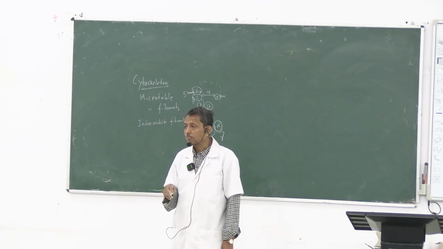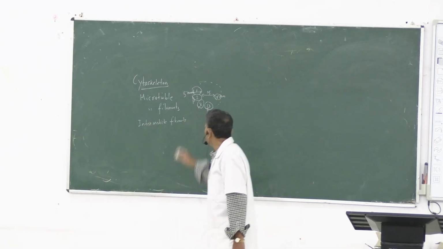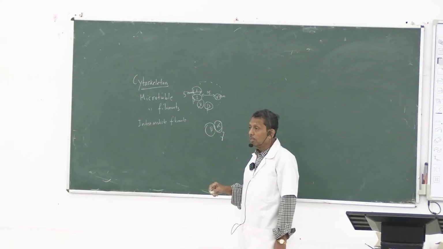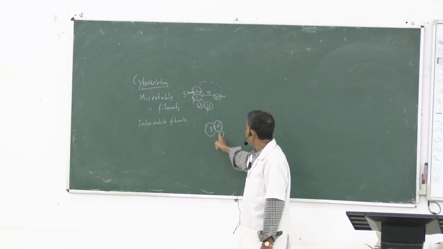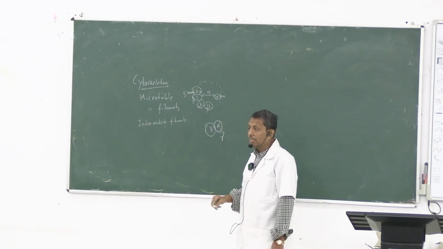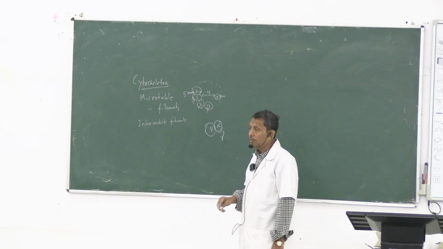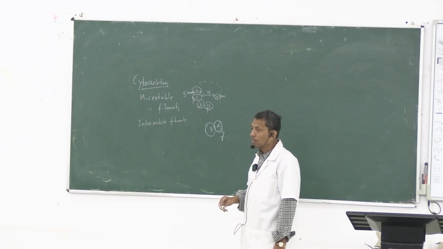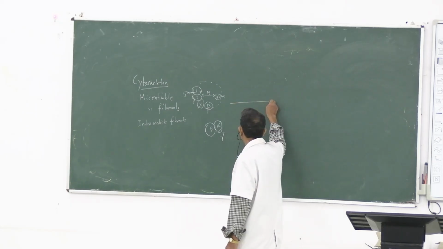In this way microtubules are produced from these gamma tubulins, elongated, hollow structures.